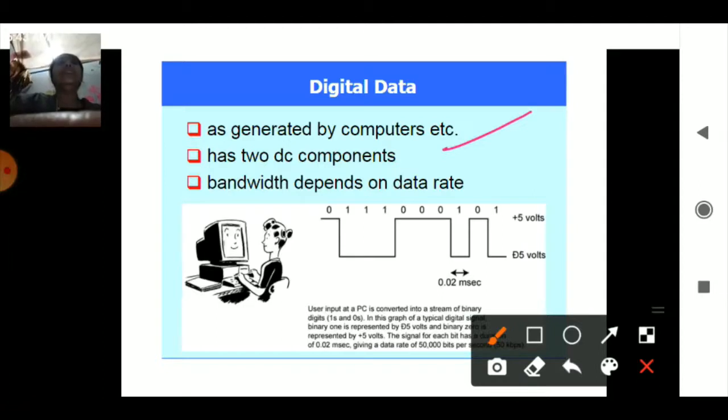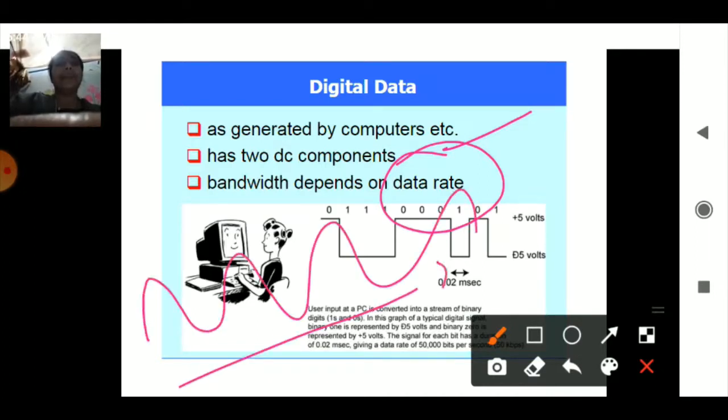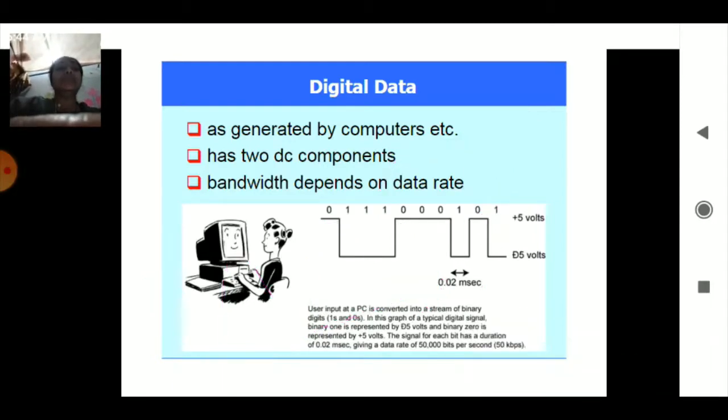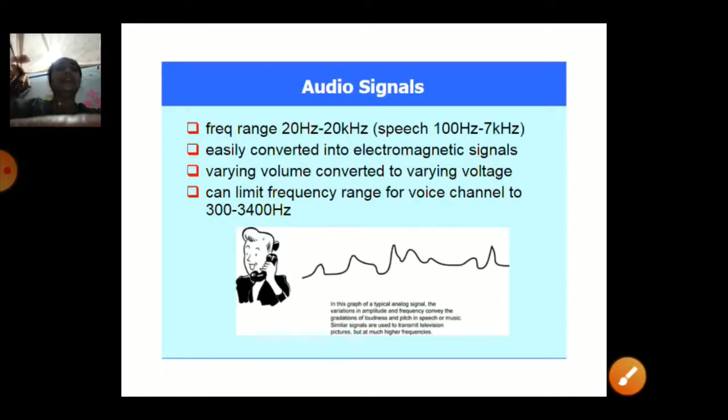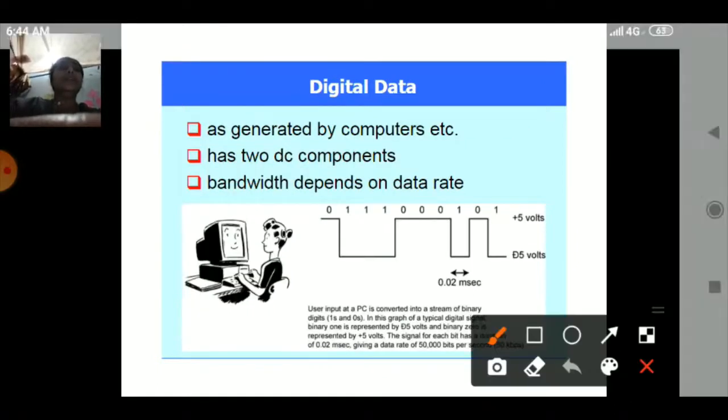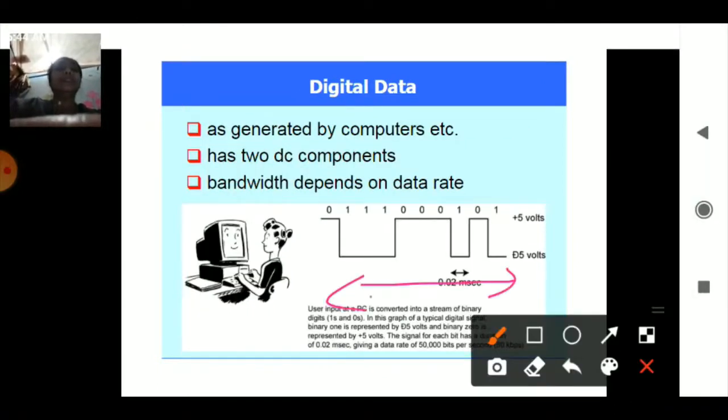And the bandwidth depends upon the data rate. Whatever bandwidth of data is being generated, this is your bandwidth. So when you are transmitting the data, it depends mainly on the bandwidth generated from one end to another, how much bandwidth is present.